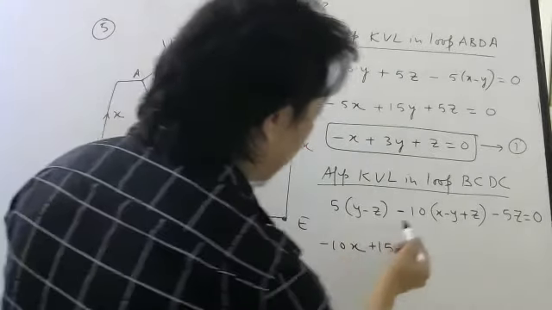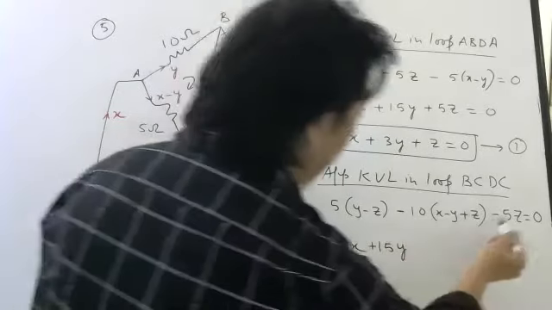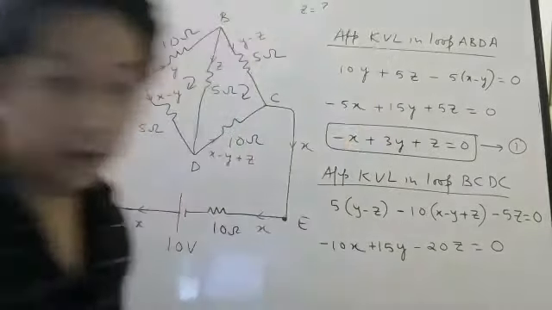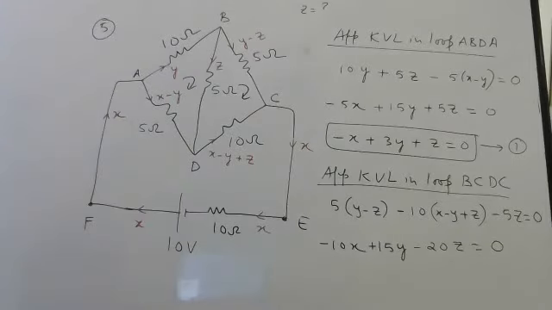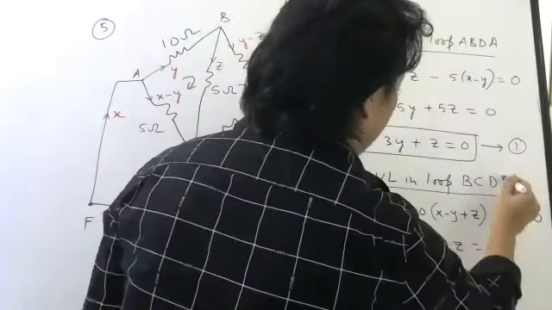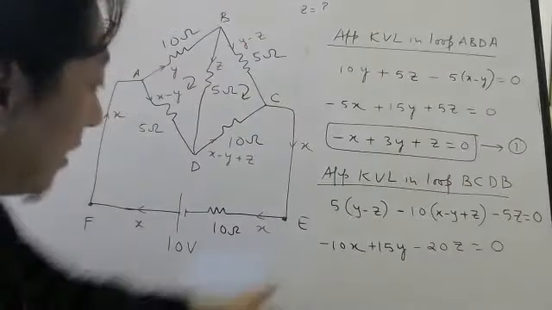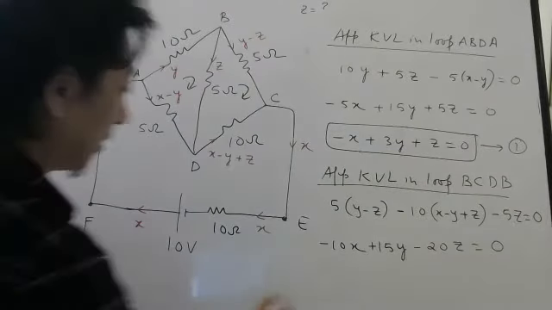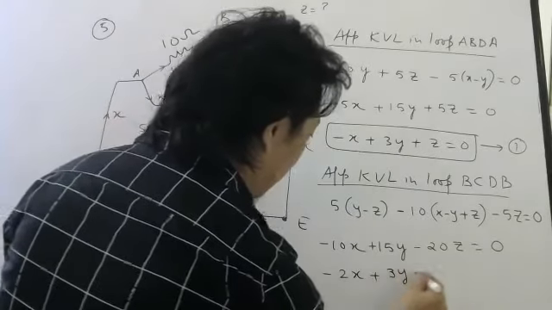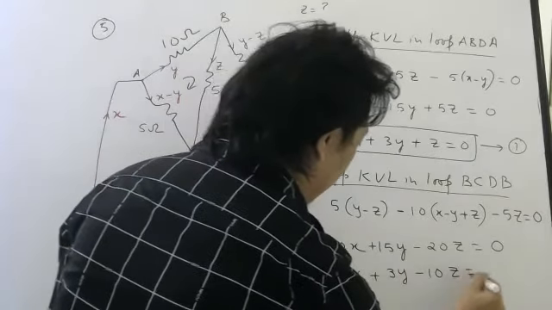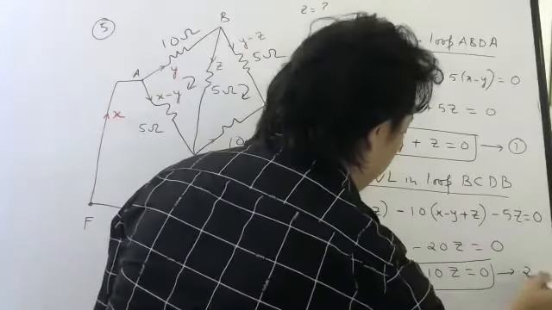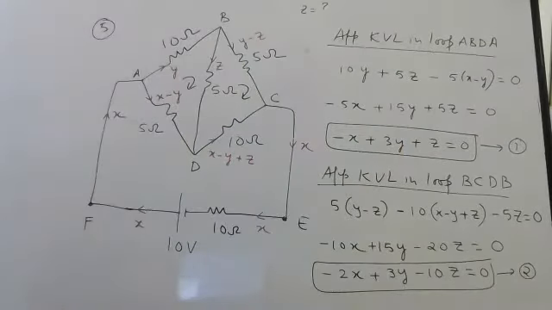Minus 5Z, minus 10Z, minus 5Z. So minus 20Z. B, C, D, B. Correct. Again divide both sides by 5. So you will get minus 2X plus 3Y minus 4Z equal to 0. Equation 2. Okay, everybody check once.